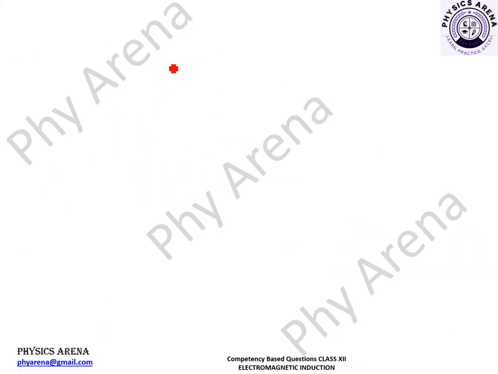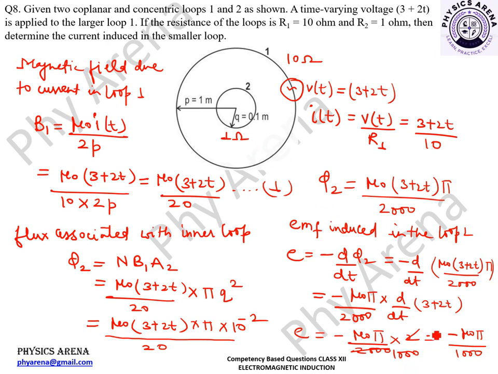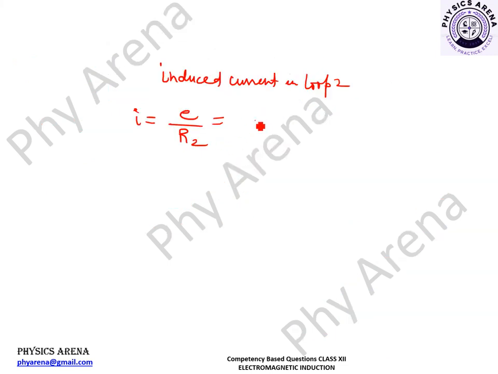So further, we can write induced current in loop 2 will be the EMF generated in loop 2 divided by the resistance of loop 2. So this is the value of the induced current. So let's take the value of E that we have calculated, that is minus mu naught pi divided by 1000, and R2 value is given to us as 1 ohm.